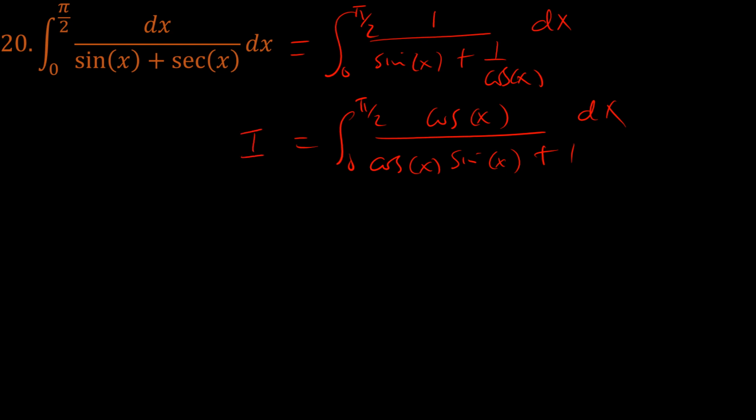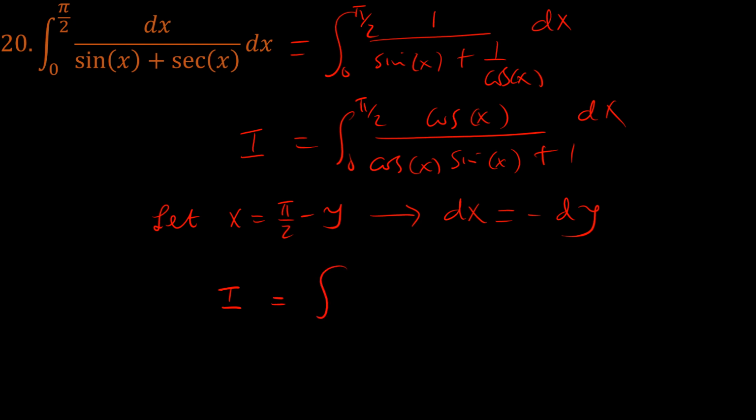If we let x be equal to pi over 2 minus y, what this means is dx can be substituted with negative dy. And then what happens to the limits? So y is equal to pi over 2 minus x.